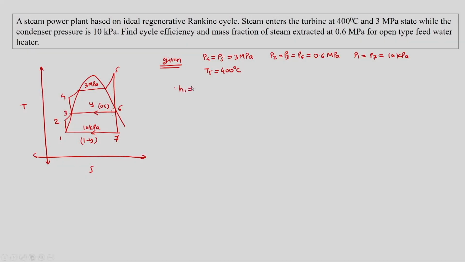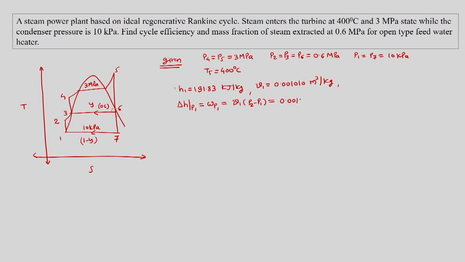So we will start by finding H1, which is the liquid saturation enthalpy at state 1, which is 10 kPa, and H1 happens to be 191.83 kilojoule per kg. Specific volume at state 1 is 0.001010 meter cube per kg, and then we have delta H pump 1, or specific pump 1 work, equal to nu 1 into P2 minus P1.